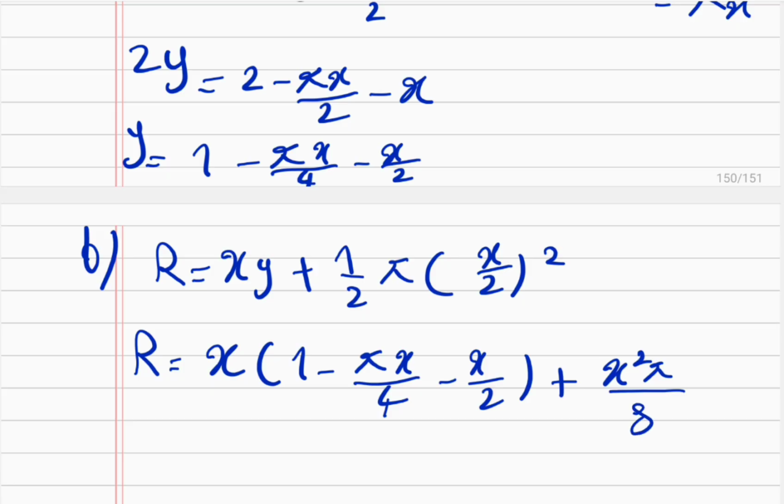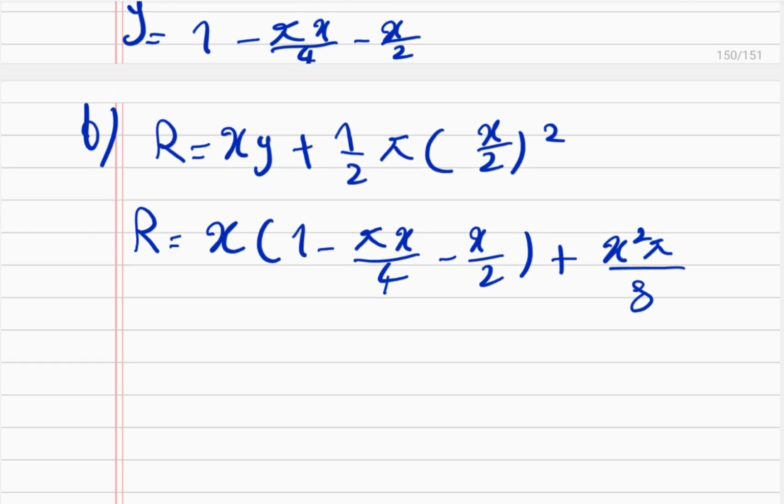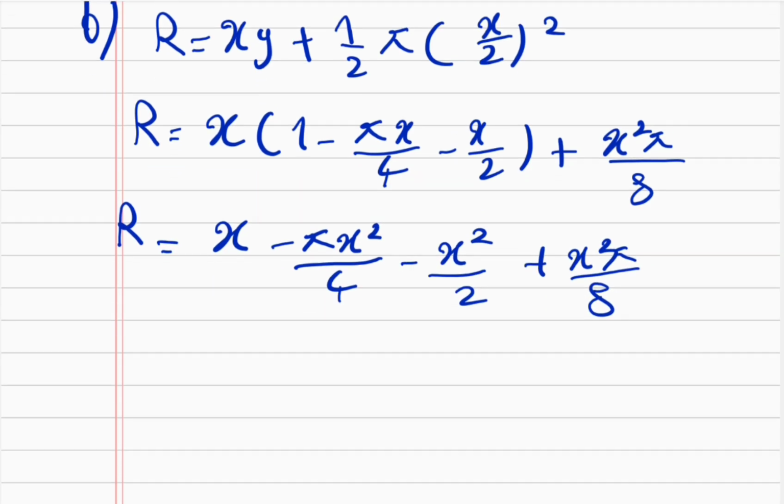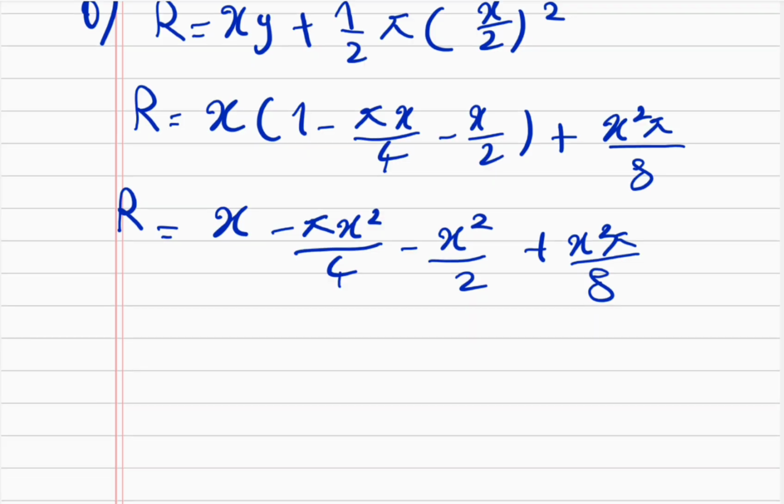Okay, so at this point, one thing that we can do is expand this bracket and then maybe simplify later. So that's one approach. In this case, let's expand that. So we get x minus pi x squared over 4 minus x squared over 2 plus x squared pi over 8. So we need to factorize this.